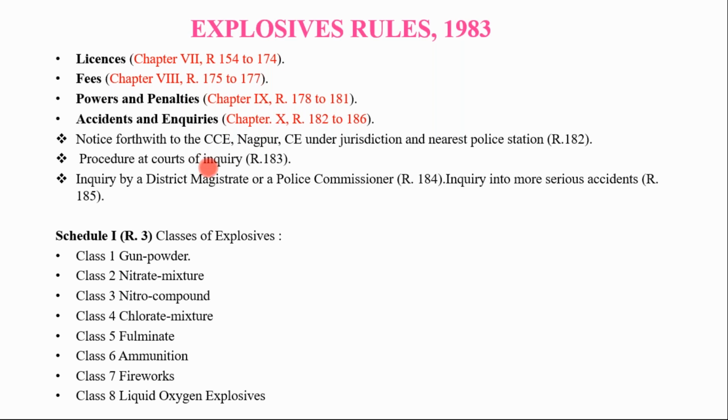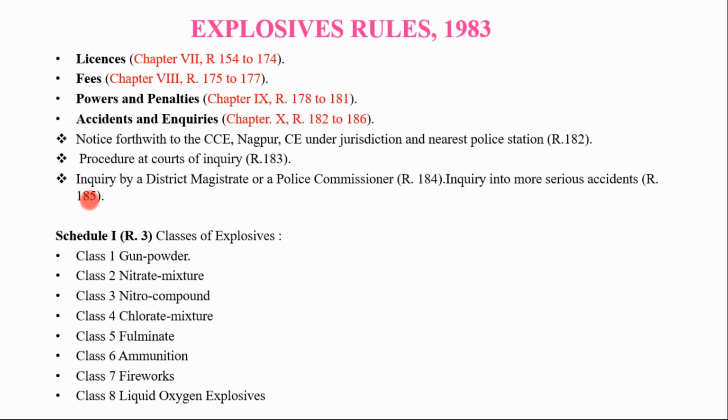Then procedures at courts of inquiry, rule number 183. 184 is related to the inquiry by a district magistrate or a police commissioner. Then 185 is related to the inquiry into more serious accidents. And these are the different 186 rules under this Explosive Rules 1983.